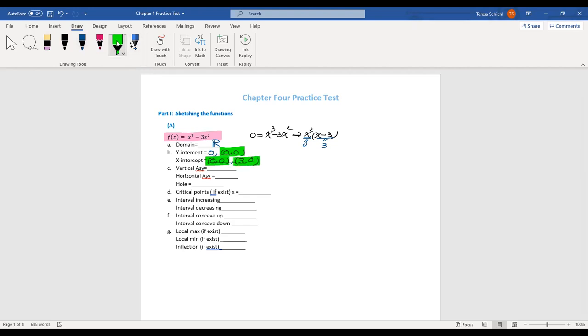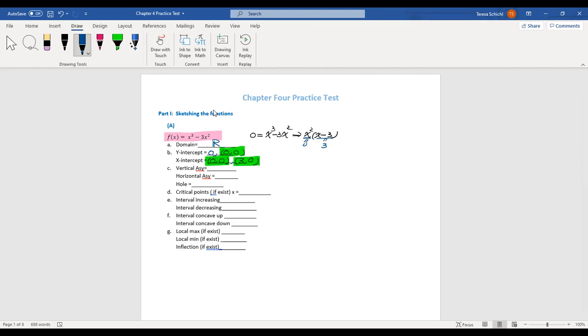Now the next is the asymptotes. Vertical asymptotes occur if you have a rational function and the denominator equals 0.